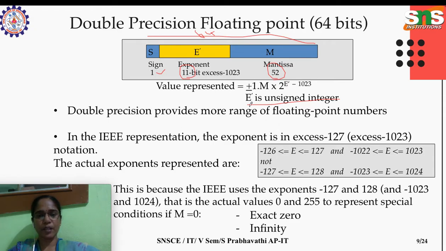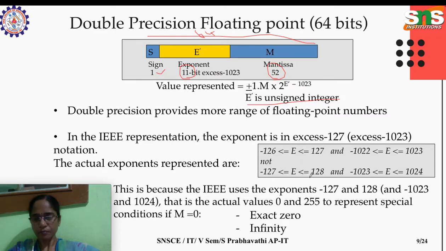And the reason behind the excess 127 in single precision and 1023 in double precision is that in IEEE we use these exponents, 127 and 1023, because some values are reserved. When the exponent is all zeros or all ones, that has some special meaning.